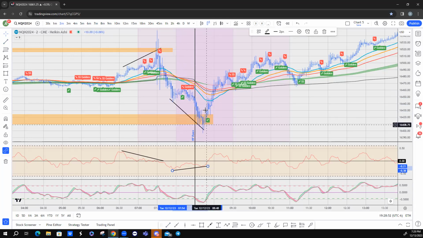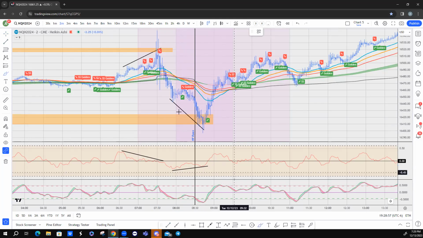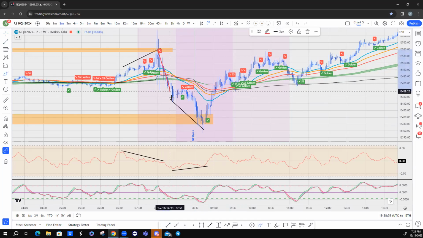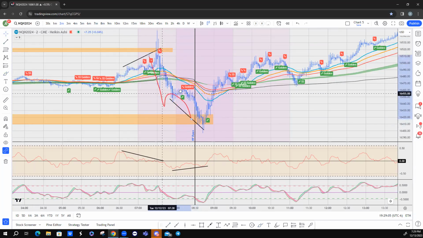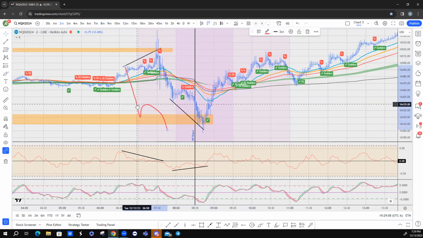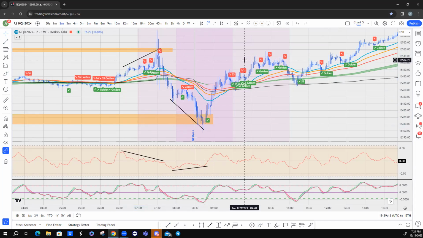This is a bullish divergence right here. Actually, I call this an H pattern bullish divergence because it makes the letter H, so that's actually my favorite trade setup right here, the H pattern bullish divergence.